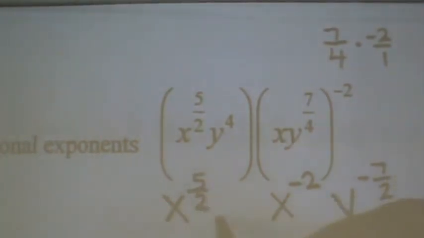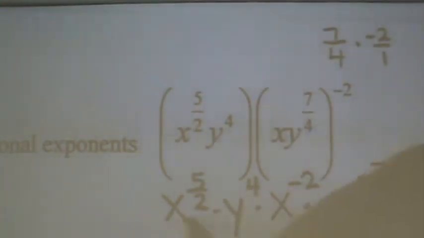Okay, now all I'm doing is bringing this down. Now, what operation are we doing? Multiplication. So what's the rule when the bases are the same? I see some x's here. How do I combine these two? You add them. Is there a nicer way to say 5/2?